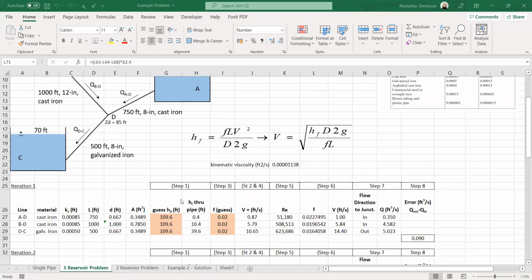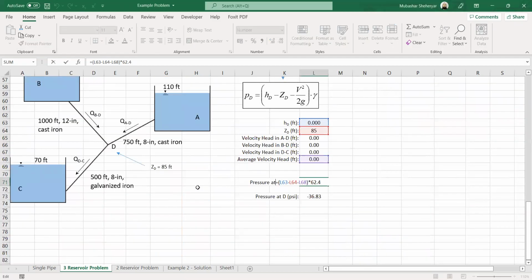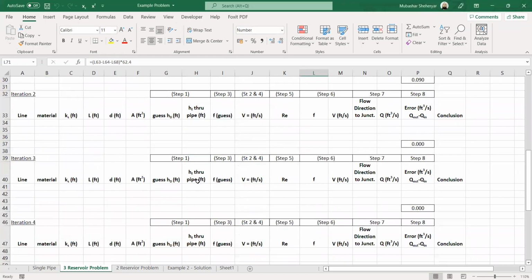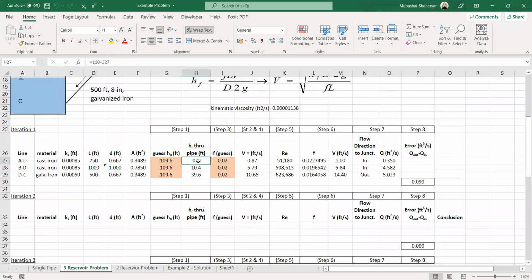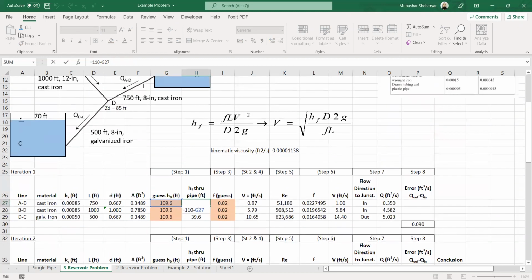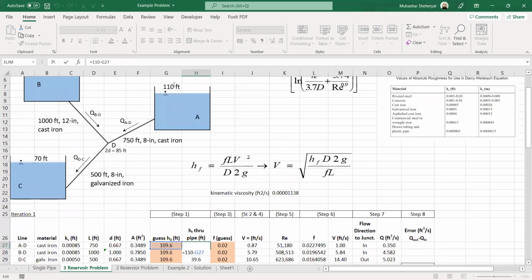So the loss in pipe AD will be 110 minus the head assumed at this point.